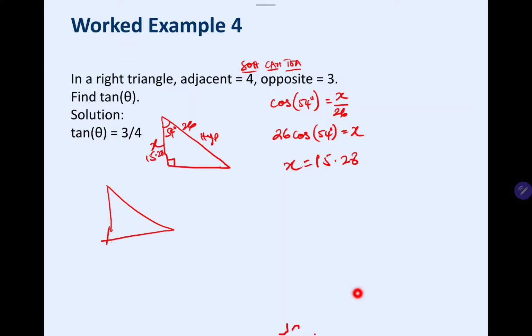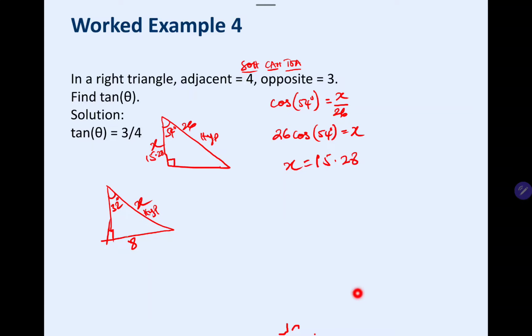Let's say we have another triangle. So if we have an angle of 32 degrees, and we have the side here, 8, and hypotenuse x, what trig function do you think we can use for this?